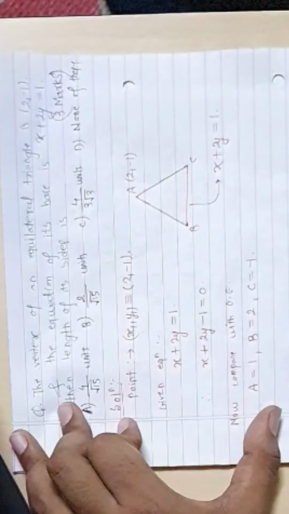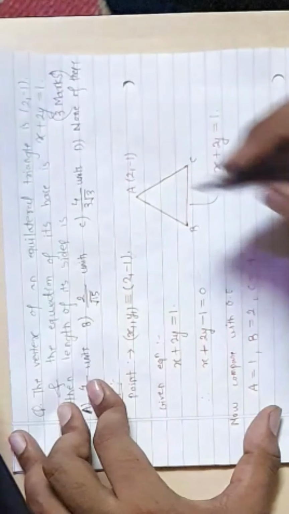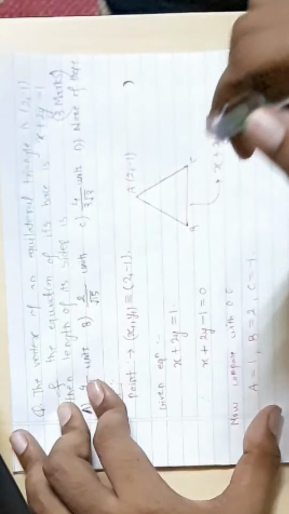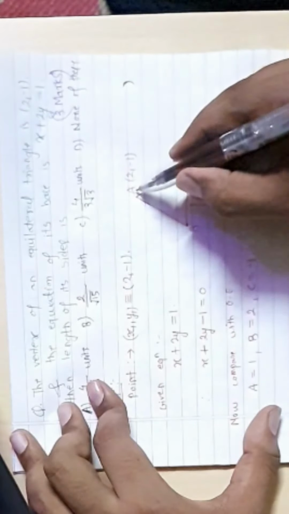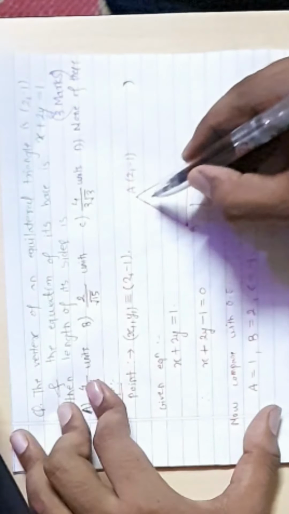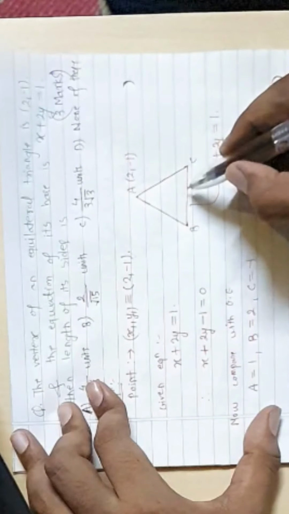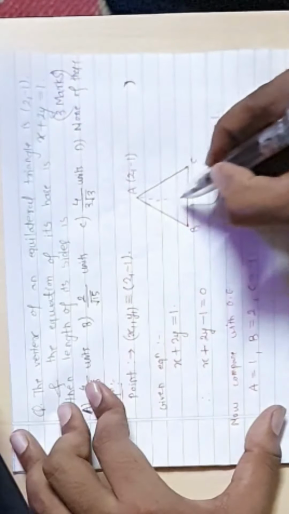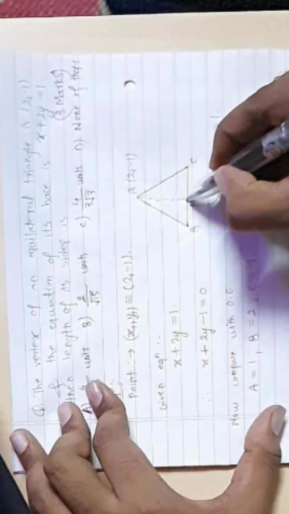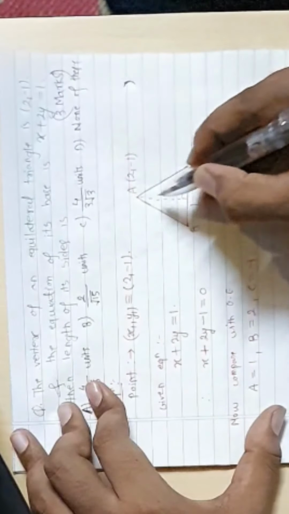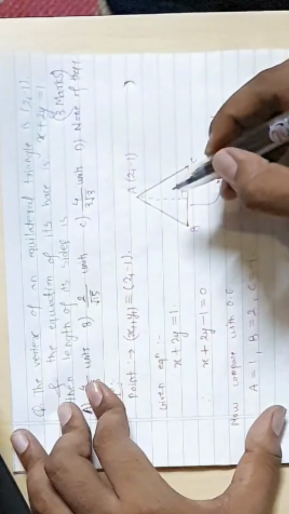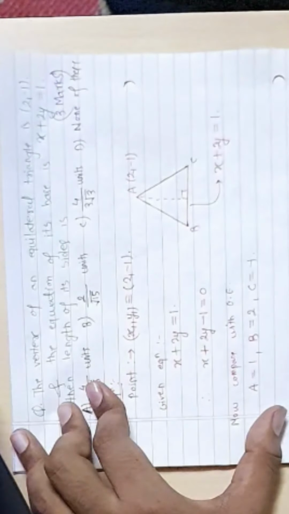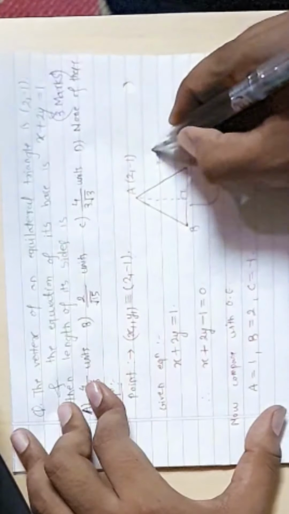So here we have to first find the distance between the point A and the line BC. So we have to find this perpendicular distance first, and we know how to find this distance. So let this distance be d.